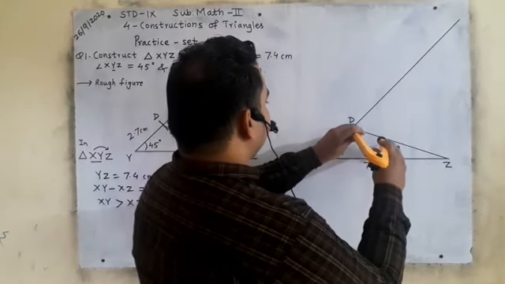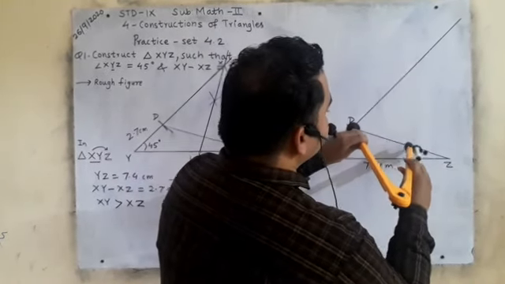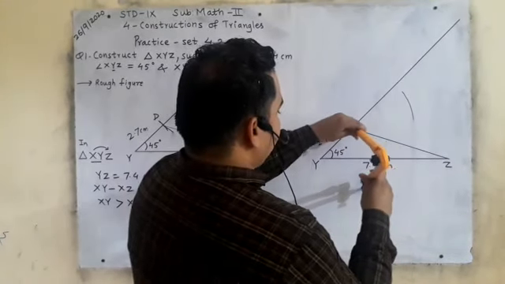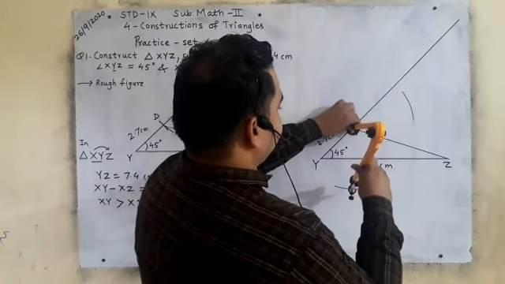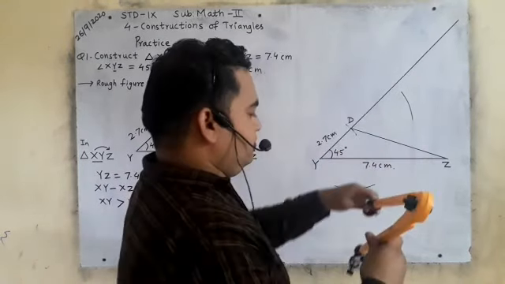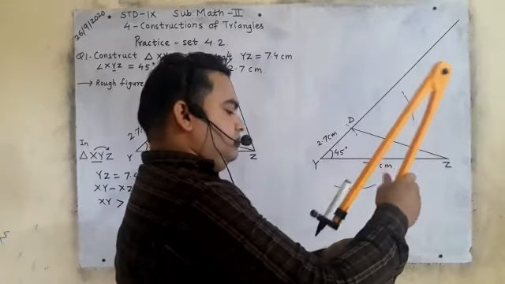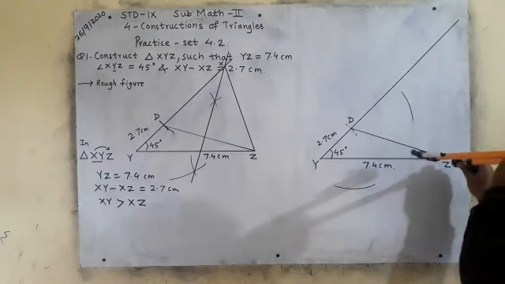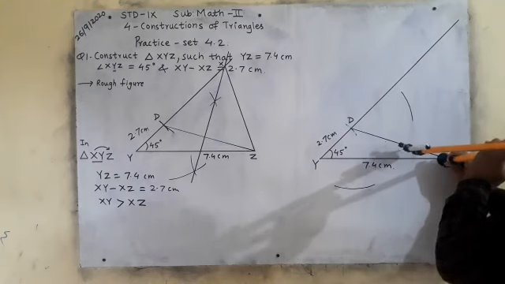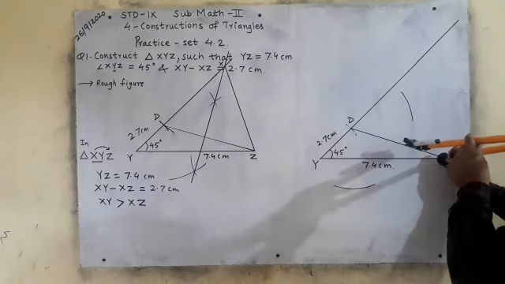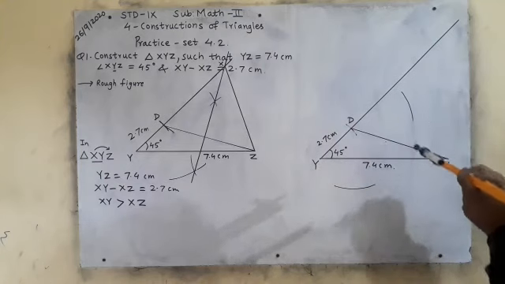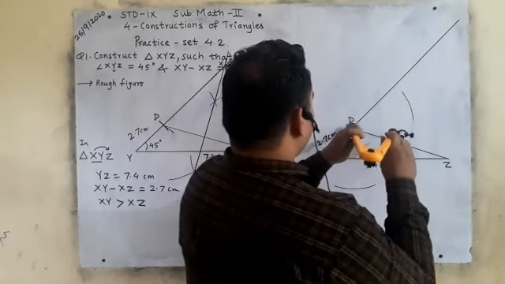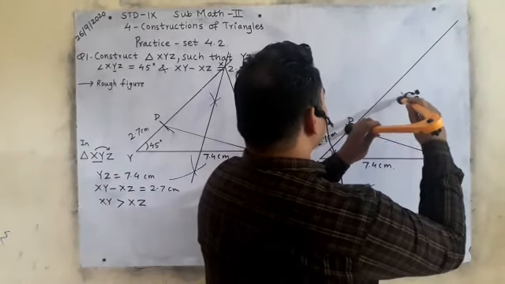I will keep this compass here. I will take more than half. I will draw an arc here. I will draw an arc below. Okay. Then same distance you will keep on Z. From YD you have taken the distance.